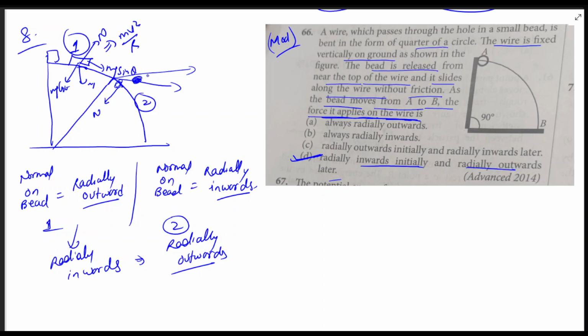But after, it is trying to go outwards, so the wire will say, I will not let you go outward. So the wire will apply force radially inwards, right? It is asking the opposite, so I have to write radially inwards initially, then radially outwards later. Perfect. So this is a moderate question.